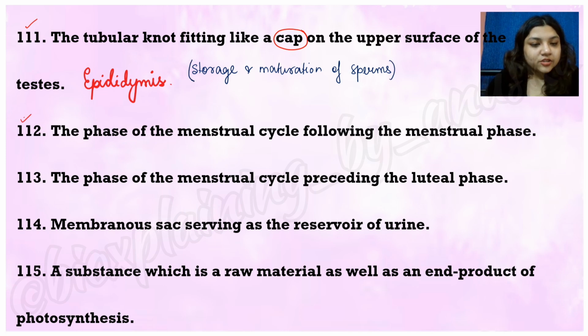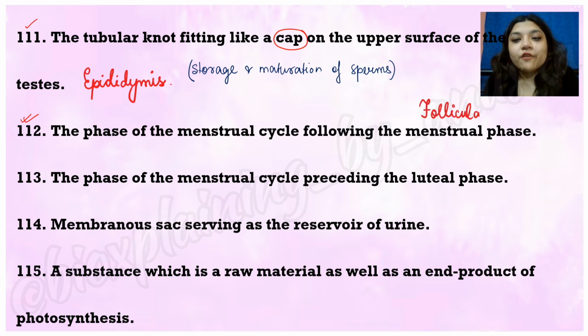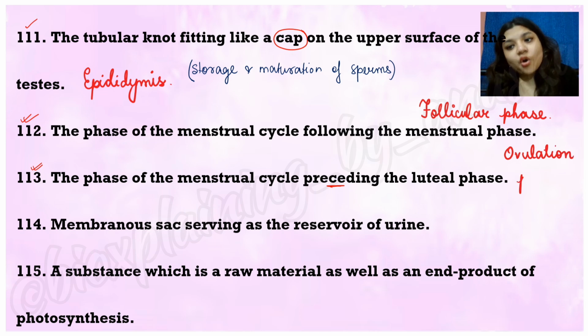Next, the phase of the menstrual cycle following the menstrual phase is the follicular phase. The phase of the menstrual cycle preceding the luteal phase is the ovulation phase, or the ovulatory phase, approximately the 14th day of the cycle.